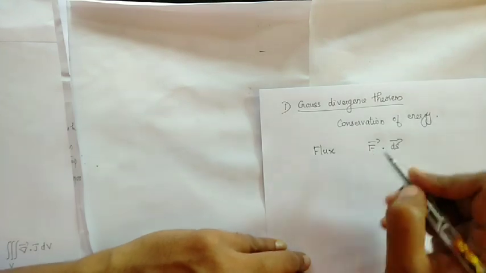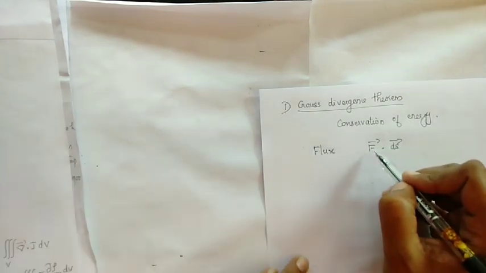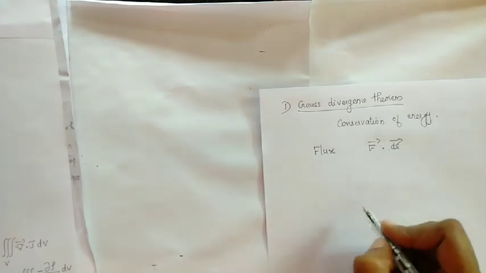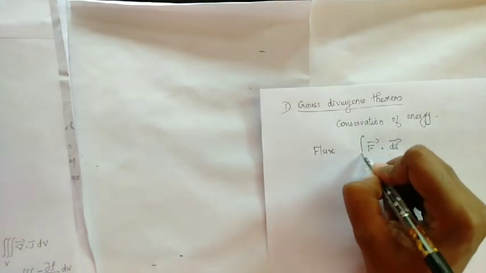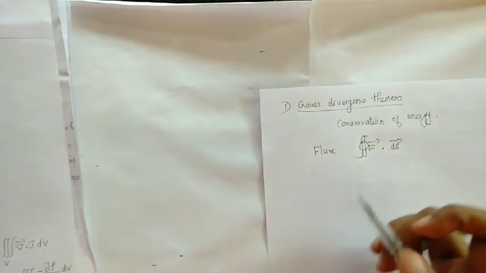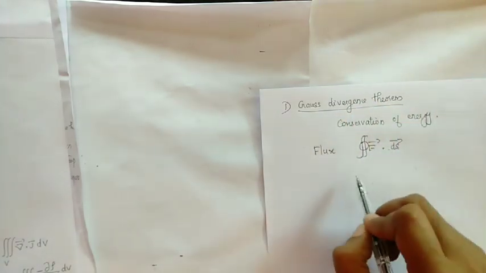If the vector quantity F is of a flowing nature, then its dot product with a surface element dS is known as flux. If we take the integral over a closed surface, it will give you the total flux through the closed surface.